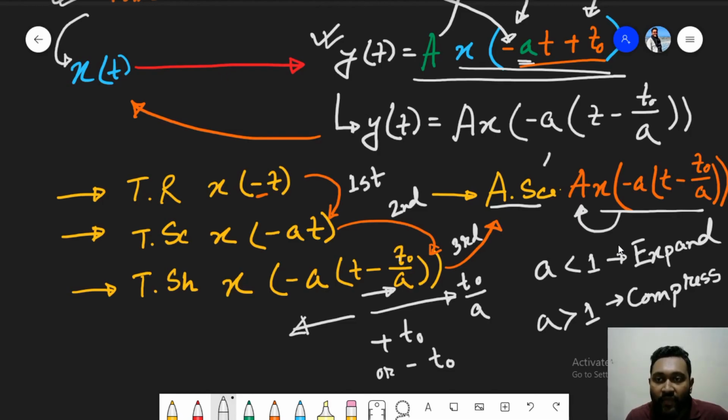Finally, we can do the fourth step, our amplitude scaling. So in many examples, you will see that someone tries to do this differently, but I try to maintain this hierarchy because it is less hazardous, and you are less likely to make mistakes.